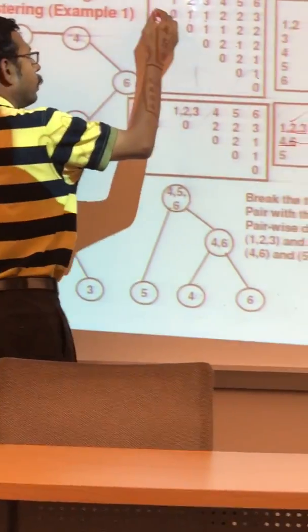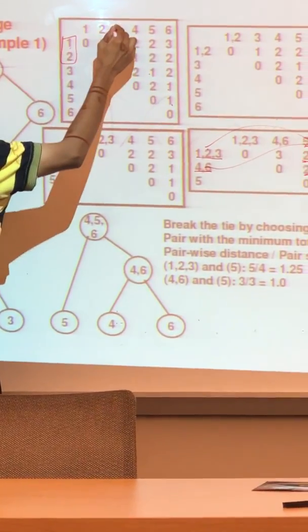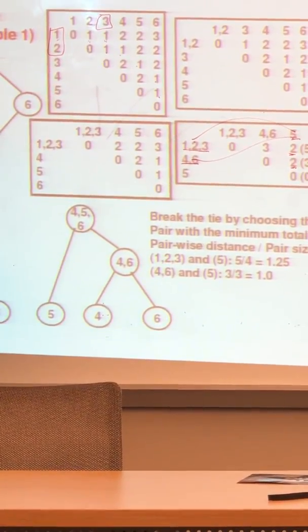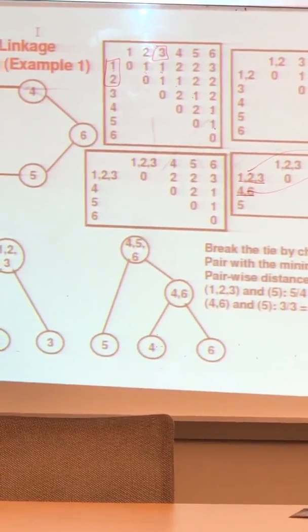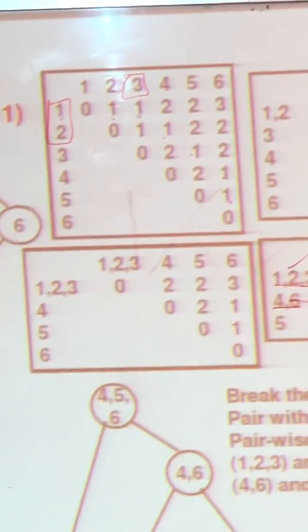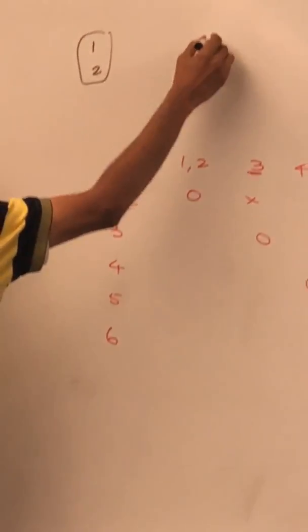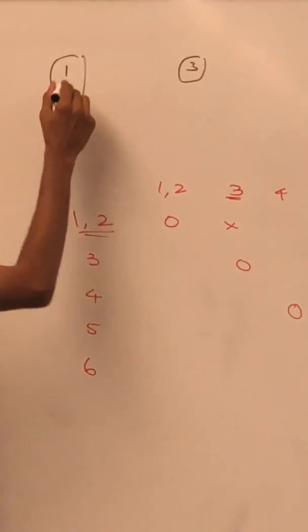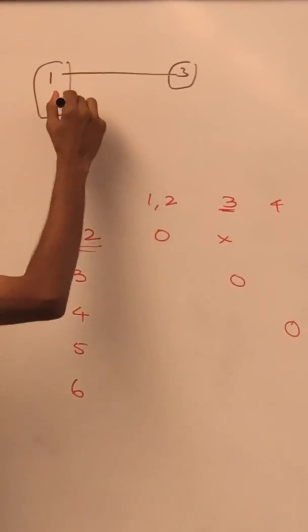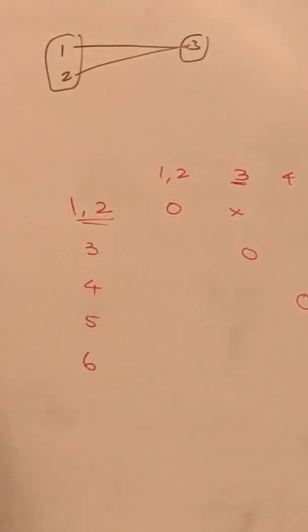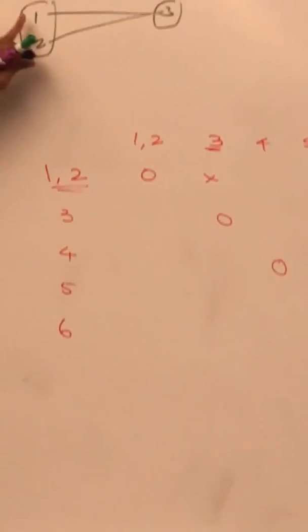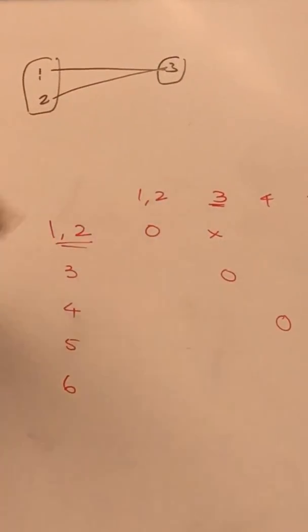Looking at 1, 2 with 3, go to the original distance matrix. Find the pairwise distances between the entities involved. So here you are looking at 1 and 2 as one cluster and 3 on its own. So find the pairwise distance between vertices in each cluster. You have 1, 3 as a pair, and 2, 3 as a pair.